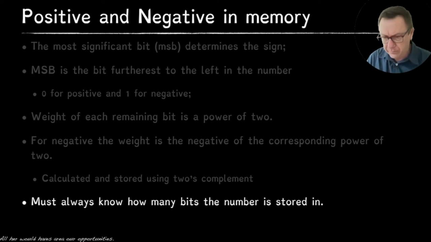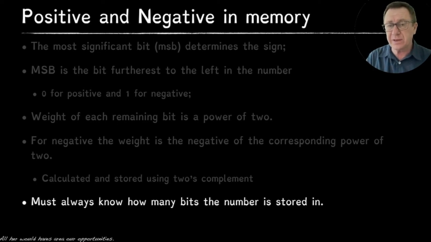Okay, so we need to always know how many bits the number is stored in. This is absolutely crucial, and it goes back to what we discussed earlier with the number of bits and the maximum size of the number that we can store, so we don't get integer overflow.